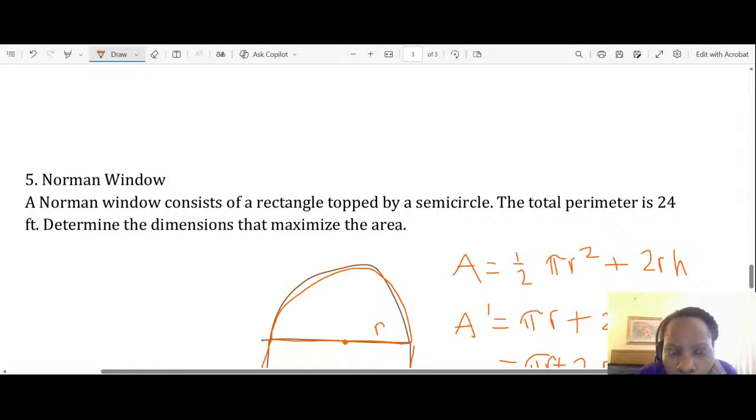Okay, so the normal window. Oh, we're told the perimeter. Why didn't I use the information about the perimeter?